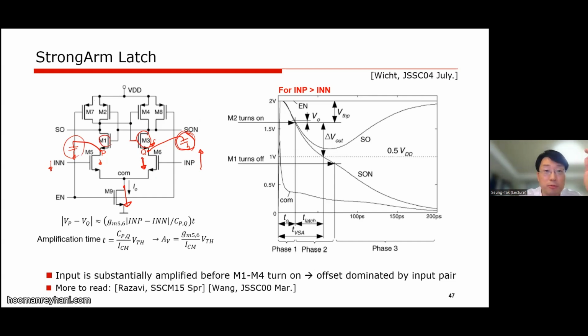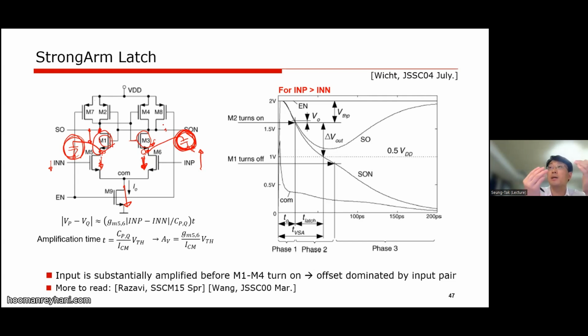For example, if we have a larger capacitor here than this one, then this one works as an offset. Even if we have the same current with the same input, if we have a larger capacitor here, this one's voltage will change slowly, so this one will turn on first. So let's say this one's going to discharge first, the output node, then this one.